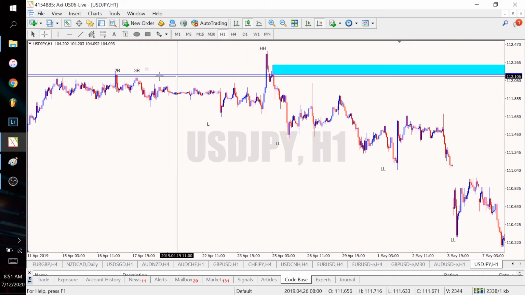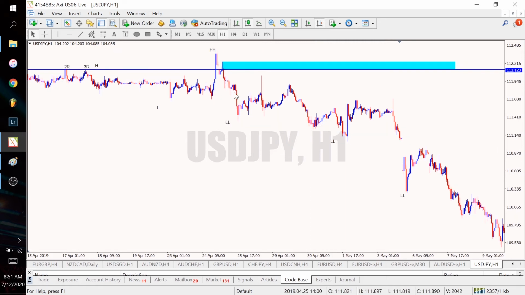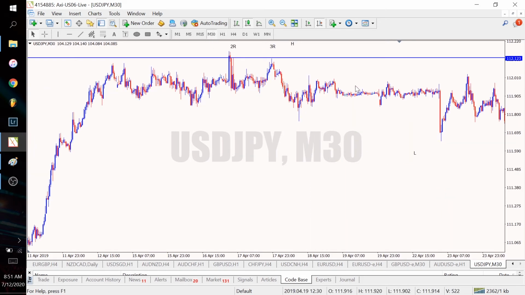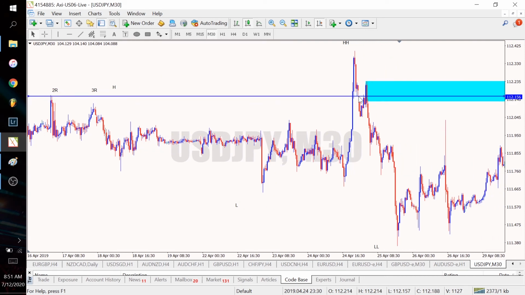So imagine earlier, if we looked at this level, we want to short, our stop loss would be about 30 pips odd. We minimized our risk and we shrank it down to about 13 pips, which is very good. So let's see what happens on an even lower time frame. Now let's take a look at this area.